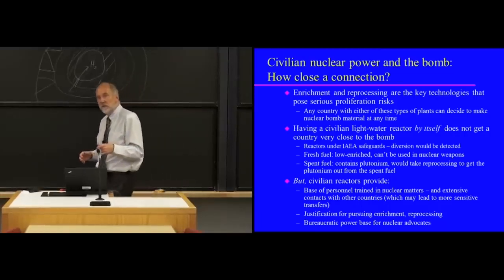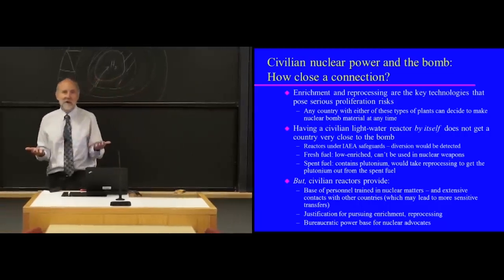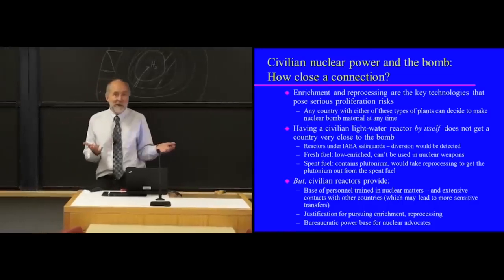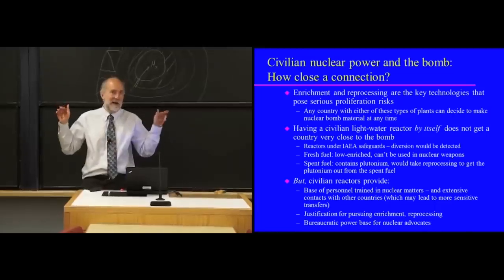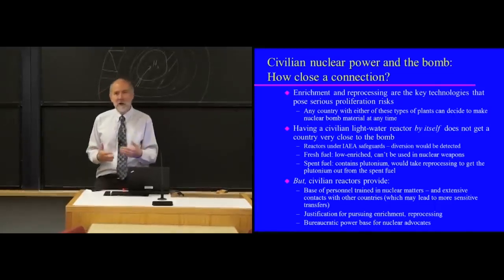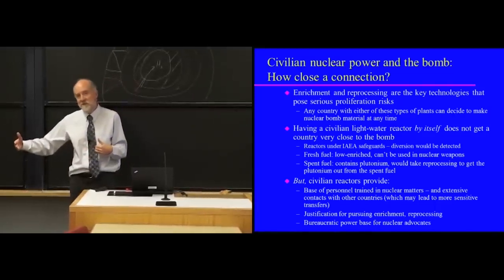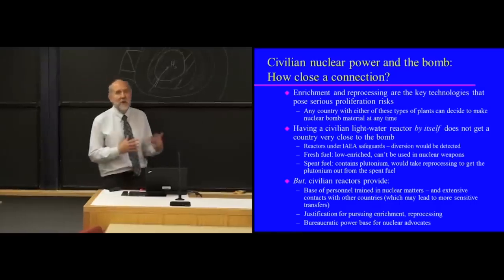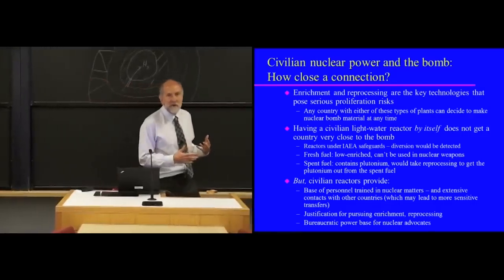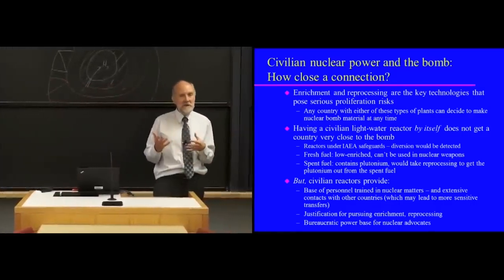Whereas, remember, the Hiroshima bomb, which is a very inefficient bomb that used a lot of material as nuclear bombs go, was only 60 kilograms. And an implosion type bomb might be only 15, 20 kilograms.